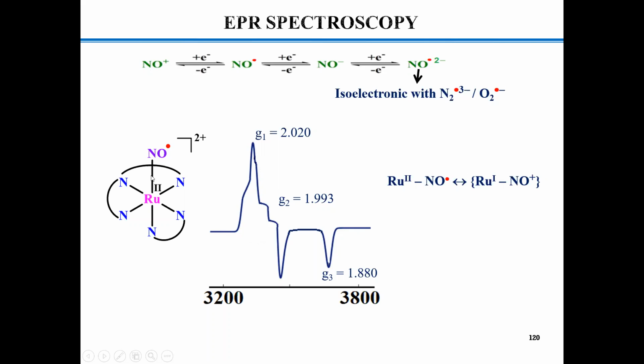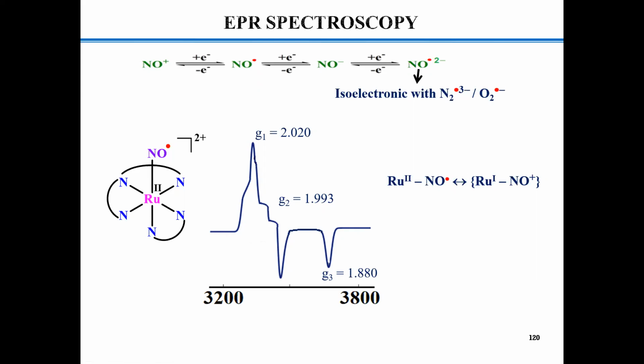This angle, metal, nitrogen and oxygen, 180. If it is NO minus, it is 100% sp2, and then this angle would be 120. And if it is NO dot, then it will be somewhere in between, and normally the NO dot angle is around 140.